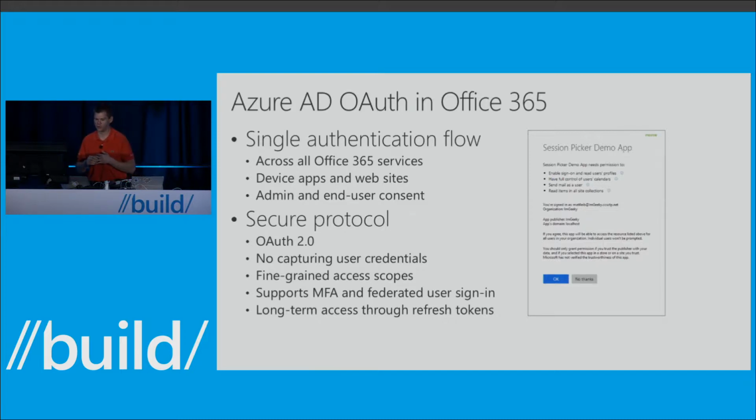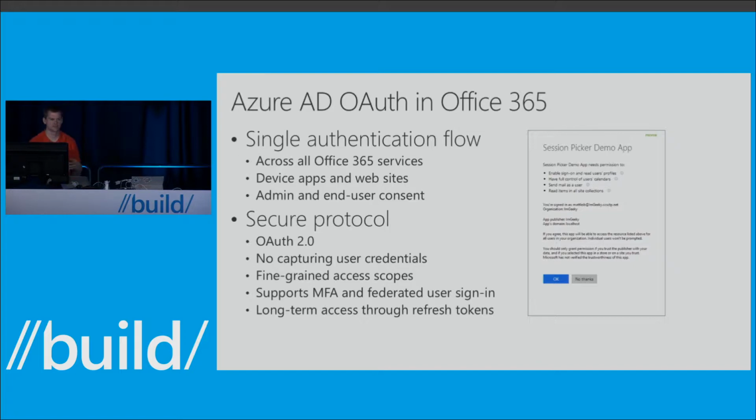From a protocol standpoint, we do provide a lot of fine-grained permissions, so you can build applications that might just have read access to contacts, or maybe it has full permission to SharePoint to do anything in any site collection. So there's a lot of different granular permissions that we can work with within this. What you're seeing here is actually an authorization dialog.